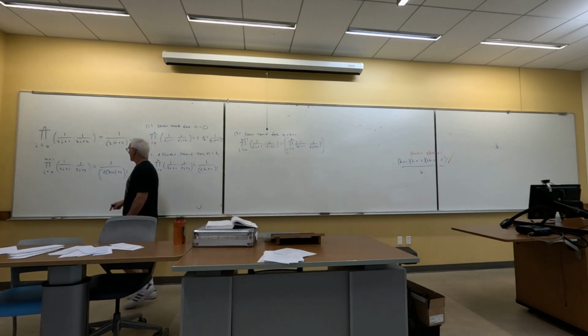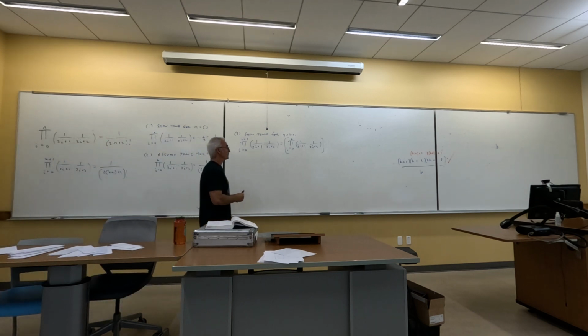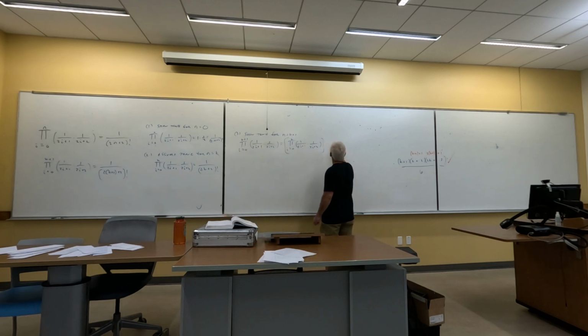So go over to here. That means I'm replacing i with k plus 1. I'll write it out the long way. Times 1 over, if I replace i with k plus 1, then what would the first term be? 1 over 2k plus 3. Would it be 2k plus 3, everyone? And what would the next term be?